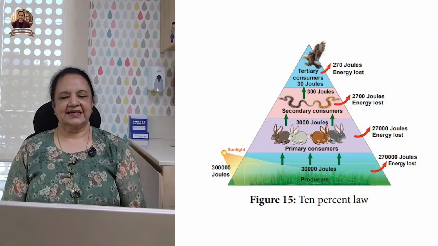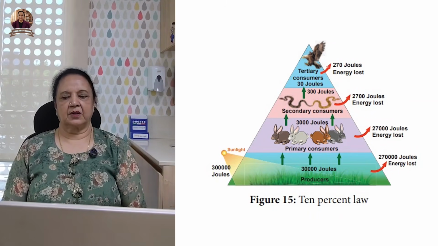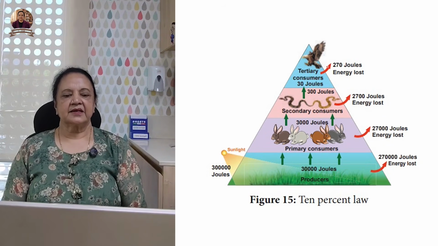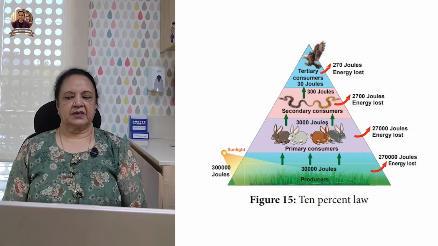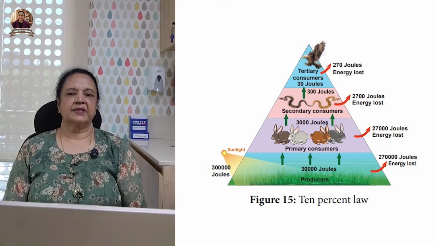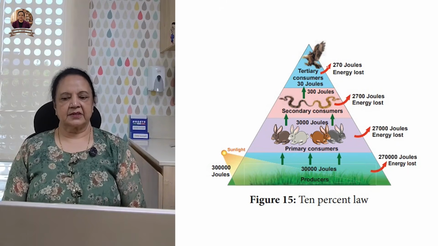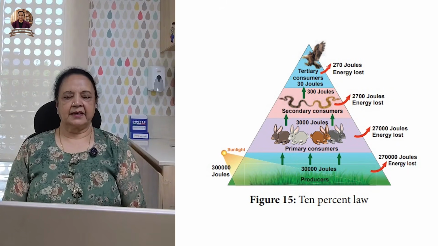Second question, explain the 10% law of energy transfer. Calculate energy available to tertiary consumer if producers have 10,000 joule of energy. The 10% law was proposed by Lindemann.